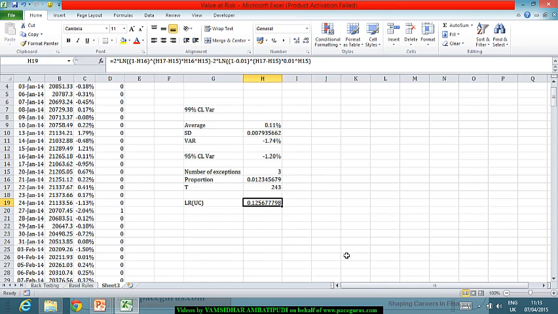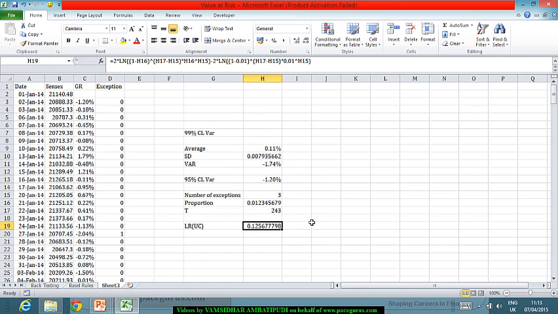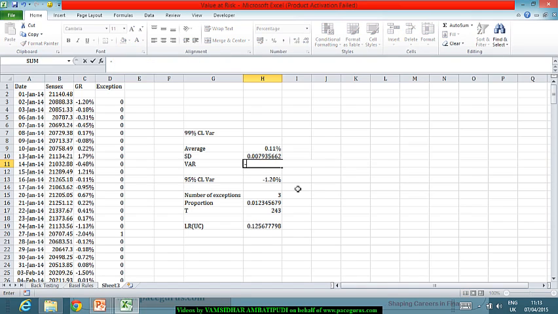But now what we are saying is, okay, let me set, just for the argument purpose, that the VAR model, the VAR that I have computed, has given minus 1.25%.